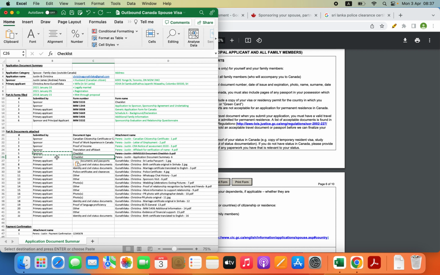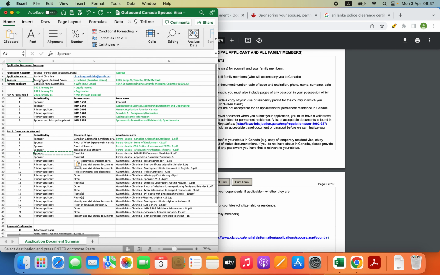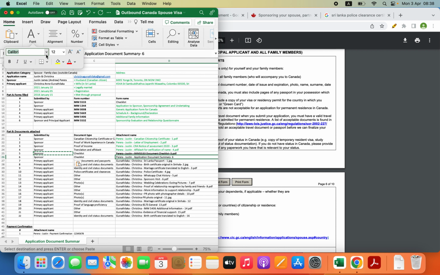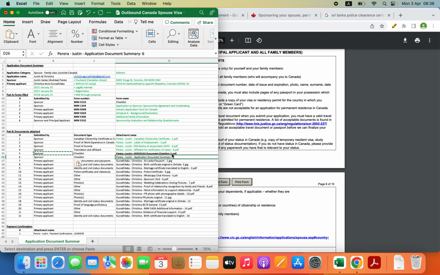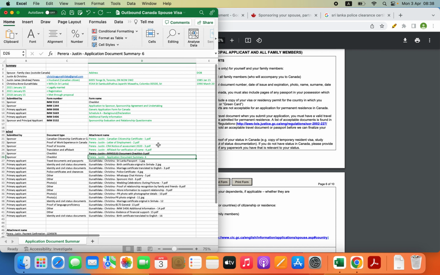Under the sponsor, you will convert this document into a PDF with only the key relevant sections, and you will be attaching it under checklist. This is the name that I gave it: sponsor's surname, first name, and then the detail of the document and the number. Try to maintain the sequence so it's easy.